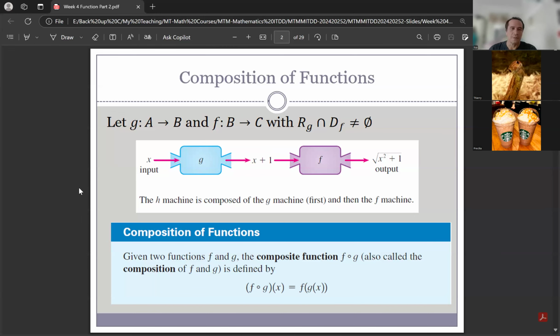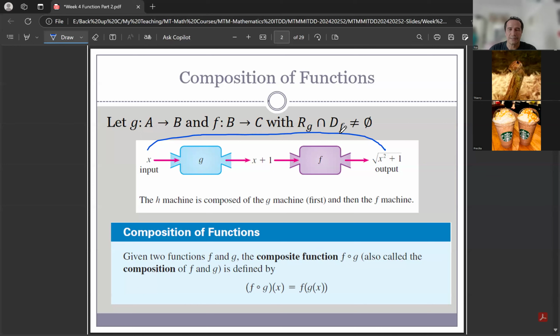If we look at that, x goes from here directly to the square root of x squared plus 1 using two steps. Step 1 by g, followed by step 2 by f.